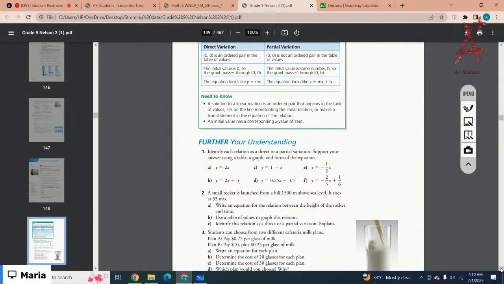Use a table of values to graph the relation. Identify the relation as direct or partial variation. Explain. Okay, so we have to write down the equation first, then we have to see if the relation is direct variation or partial variation.